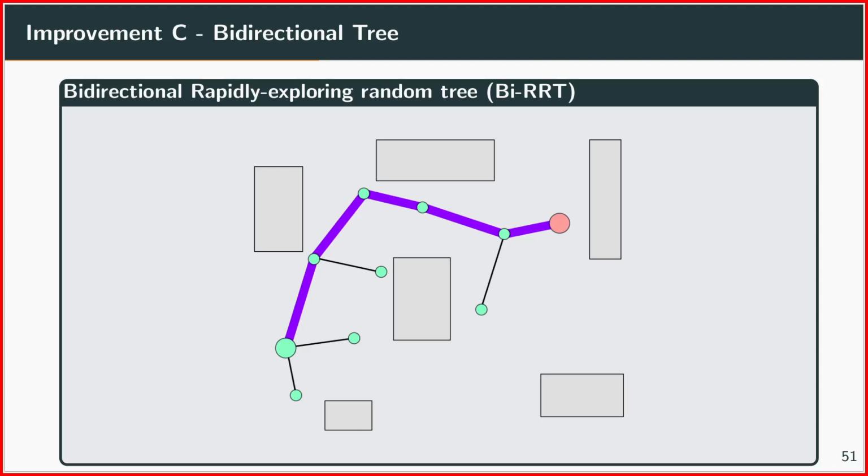And later on we'll also talk a little bit about smoothing, because even if you're shortening, you still have the zigzag motion. So very often you would try to fit something like a Bezier curve through all the points, and then check if it's still feasible. This would definitely improve smoothing, and then later on also execution time.